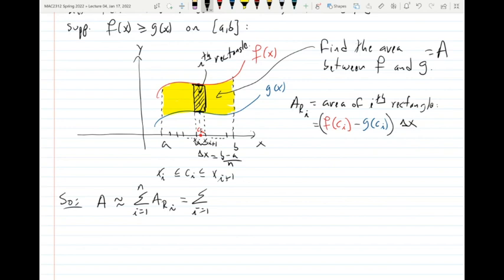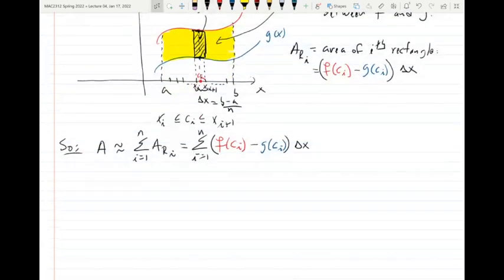So that is the sum from 1 to n of f of ci minus g of ci, and then all of this multiplied by delta x. That's an approximation, and then as you know, how do we define the area? If you want to get the exact area, we want to take as many rectangles as possible, so we take the limit. Okay? So A equals the limit as n approaches infinity, so we want to take infinitely many rectangles, of this sum.